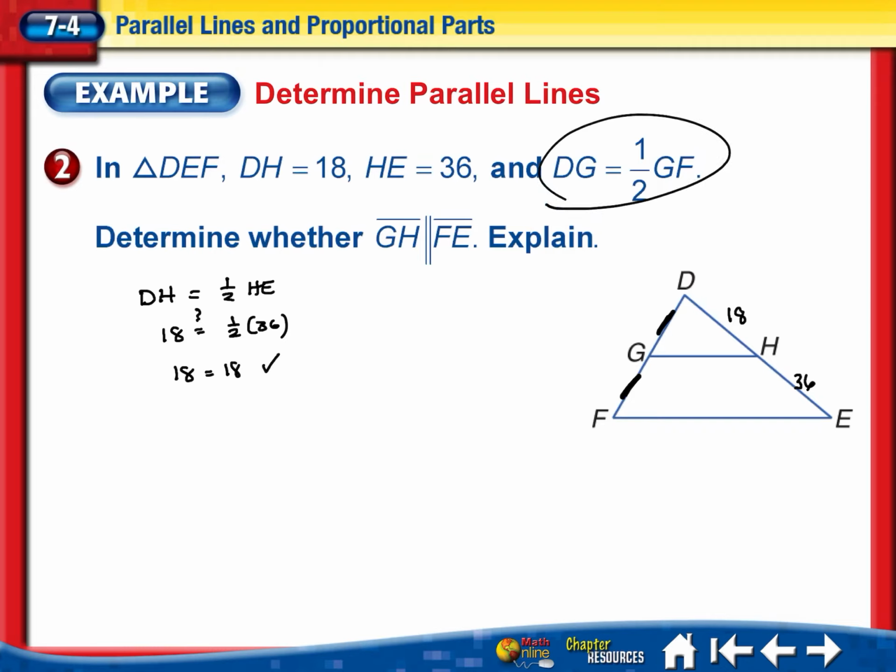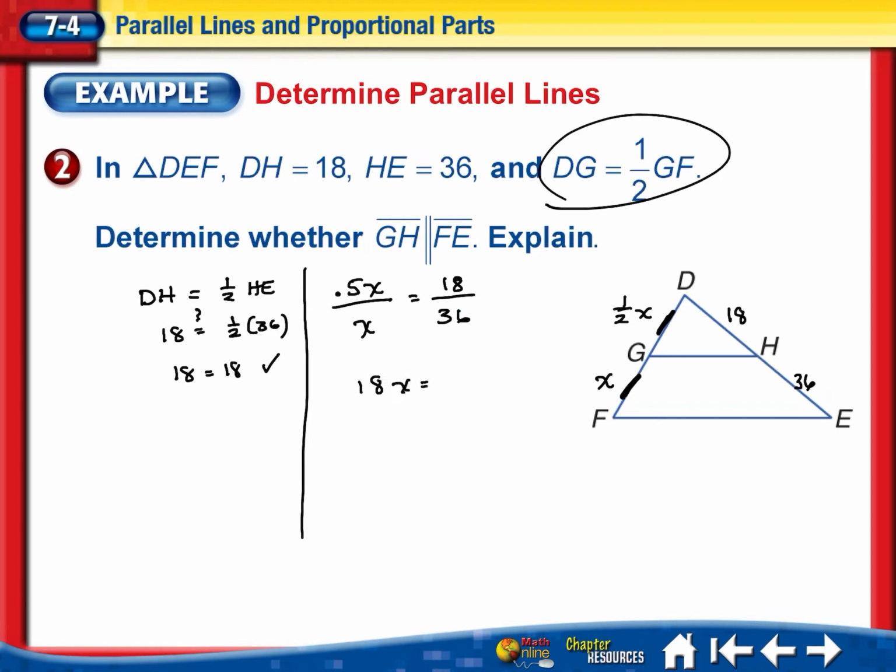So if we go back and follow this, we don't know what GF is, so I'm going to call that X, and DH is half of that, so that's 1/2 X. Then we can set up a proportion. So here's the second way to do this. We could do 0.5 X over X, so I did left side over bottom left side, equals top right over bottom right.